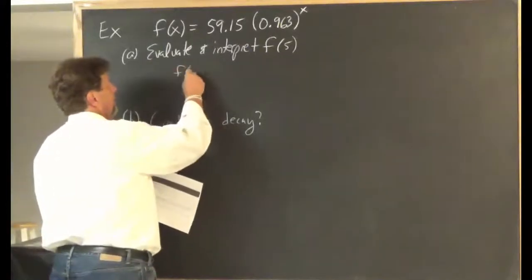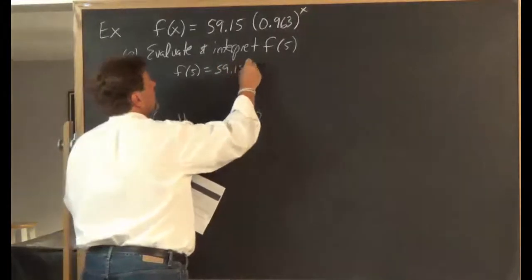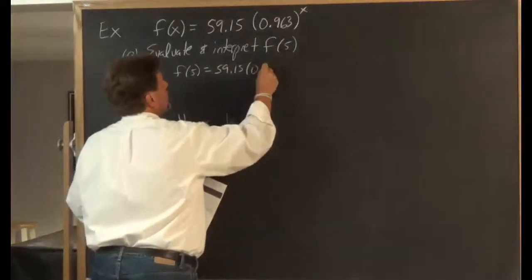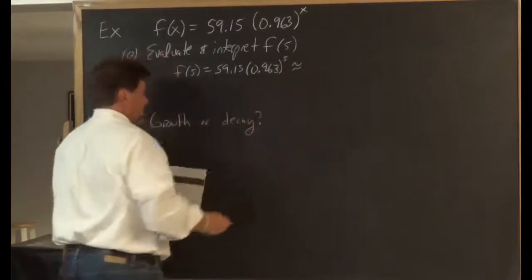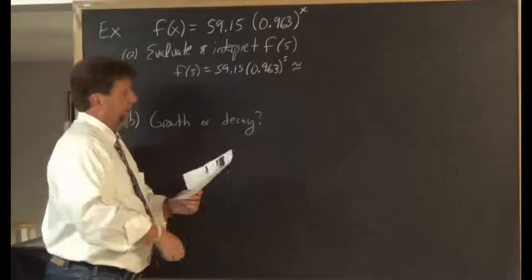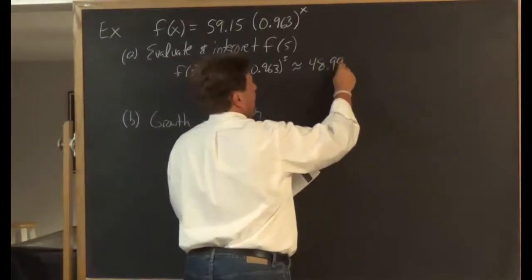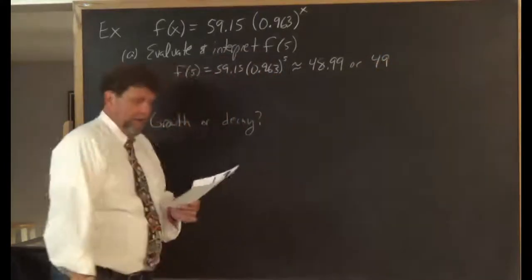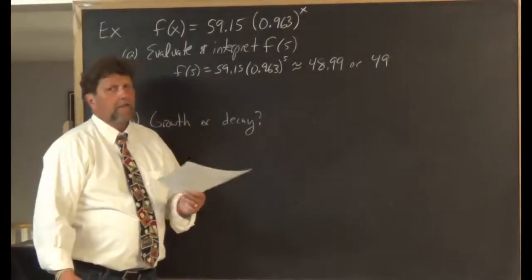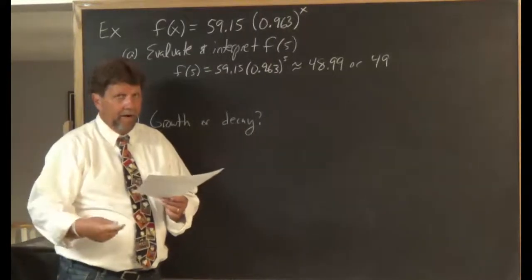So f of 5, well, we put 5 in for the x, and when I use my calculator, I get f of 5 to be about 48.99, or why don't we just round that off to 49? That's going to be 49 degrees. In fact, it's going to be 49 degrees Fahrenheit.